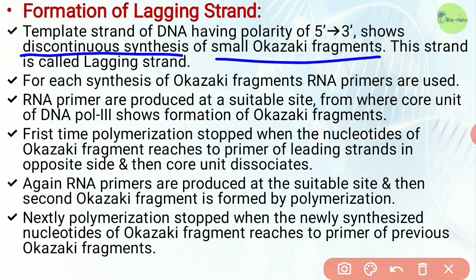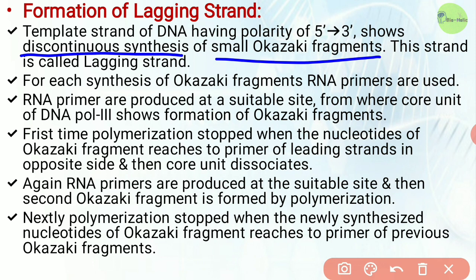Okay, so the RNA primers which are produced at a suitable site form where the core unit of DNA polymerase 3 shows formation of an Okazaki fragment. So in the first time, polymerization stops when the nucleotides of the Okazaki fragment reach the primer of the leading strand.